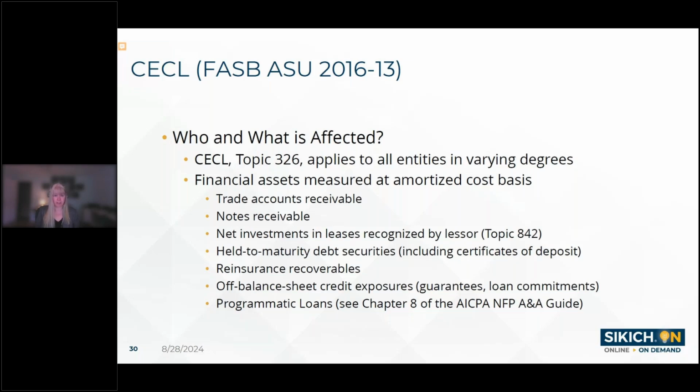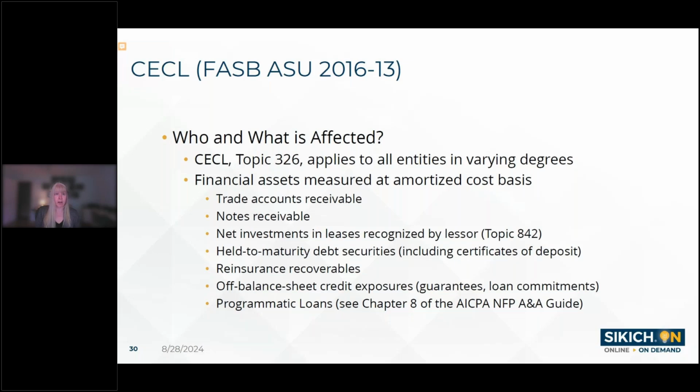I want to make a distinction here because this standard only applies to assets at amortized cost. So if a not-for-profit organization holds a certificate of deposit directly with a bank and is recording that at amortized cost, it is within the scope of CECL.